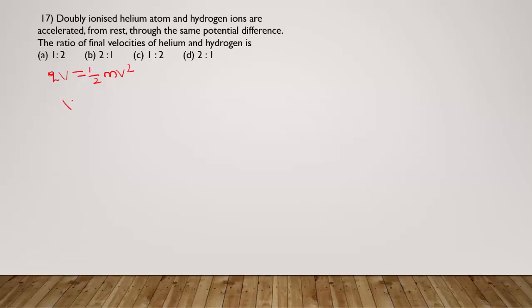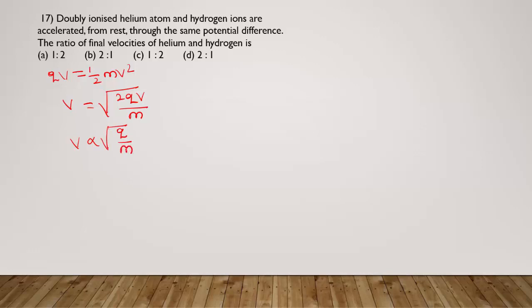So the final velocity V is equal to root of 2QV divided by m. In this formula, V is directly proportional to root Q and inversely proportional to root m.